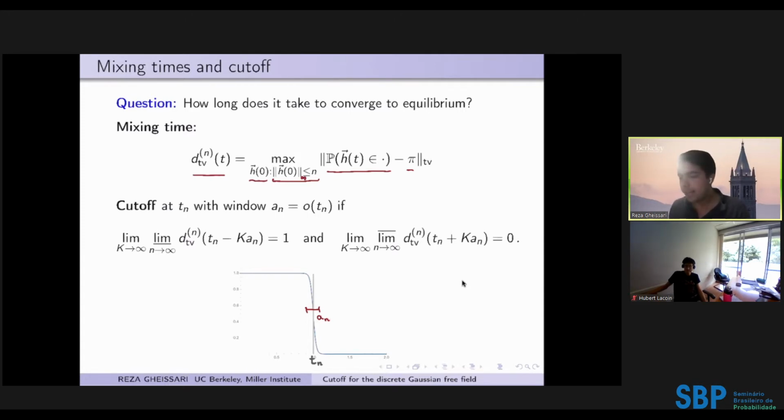A Markov chain is said to have cutoff at time tn with window an if there's a sharp drop off in the total variation distance from 1 to 0 within a window an of tn. What I've drawn here, on this axis is dTV of t, and you see there's a window of size an, which is little o of the true mixing time, where I go from total variation distance almost 1 to total variation distance almost 0.